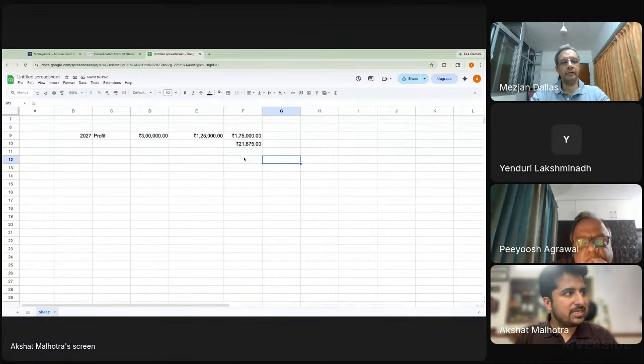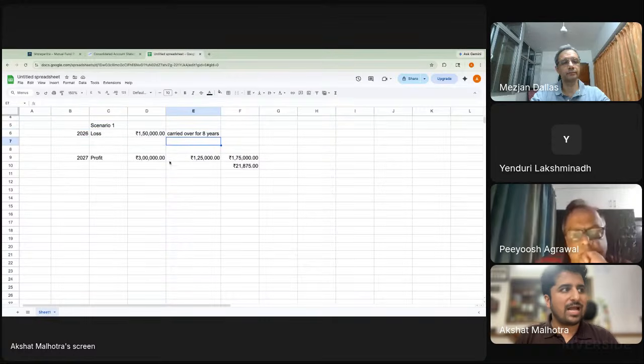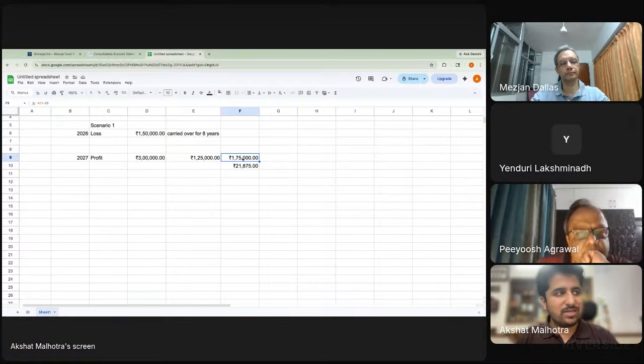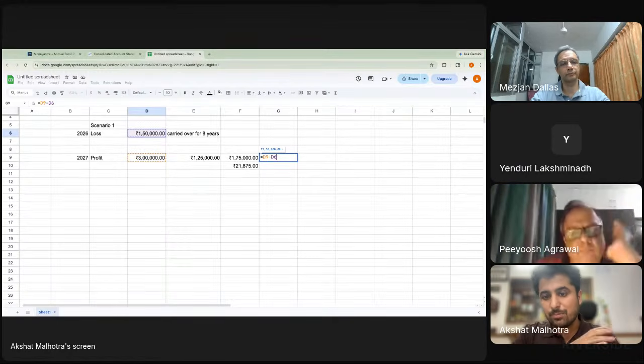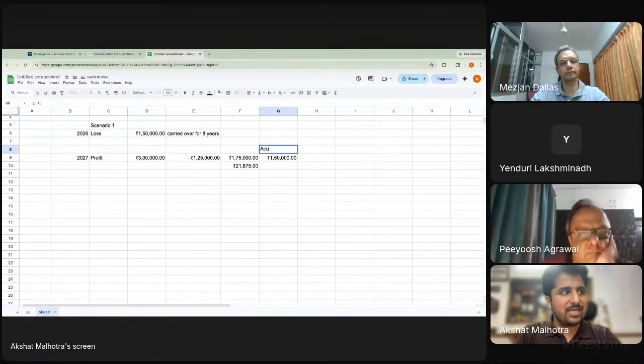However, since I had booked some losses in the previous financial year, instead of the actual gain of 1,75,000, the 3 lakh rupees of profit gets subtracted from the 1,50,000 rupees of losses that I had booked in the previous year. So my actual gain then becomes 1,50,000 rupees.